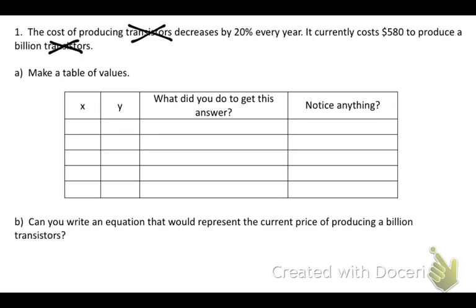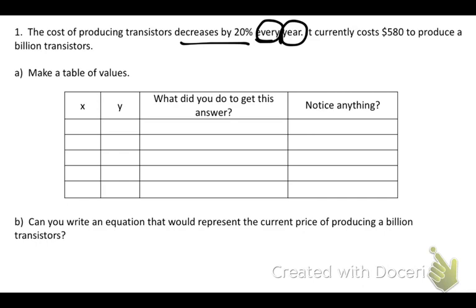The cost of producing Cheetos. The cost of producing cars. The cost of producing something decreases by 20% every year. So the point being that the word transistor, don't get hung up on it.